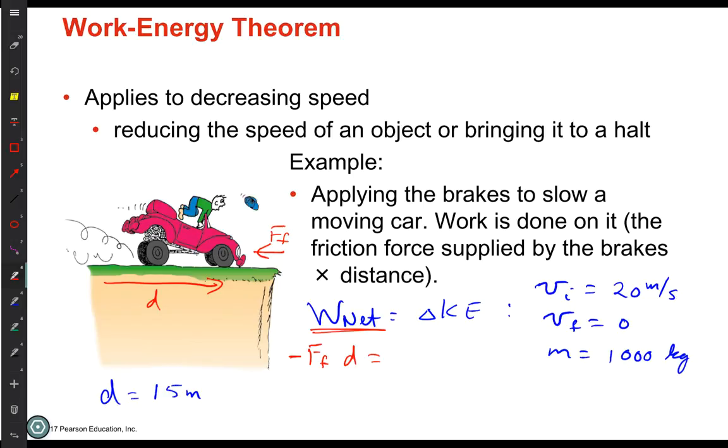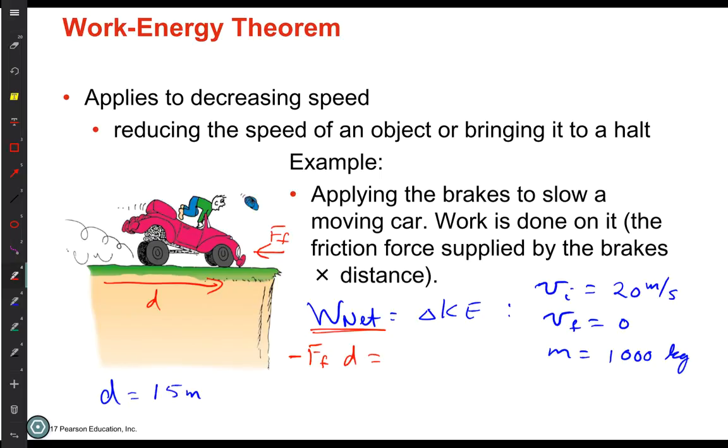Change in always means blank minus blank. Which one is the positive? Which one's the negative? So if I had change in position, it would be either initial or final minus either initial or final. Which one is the one that's positive?